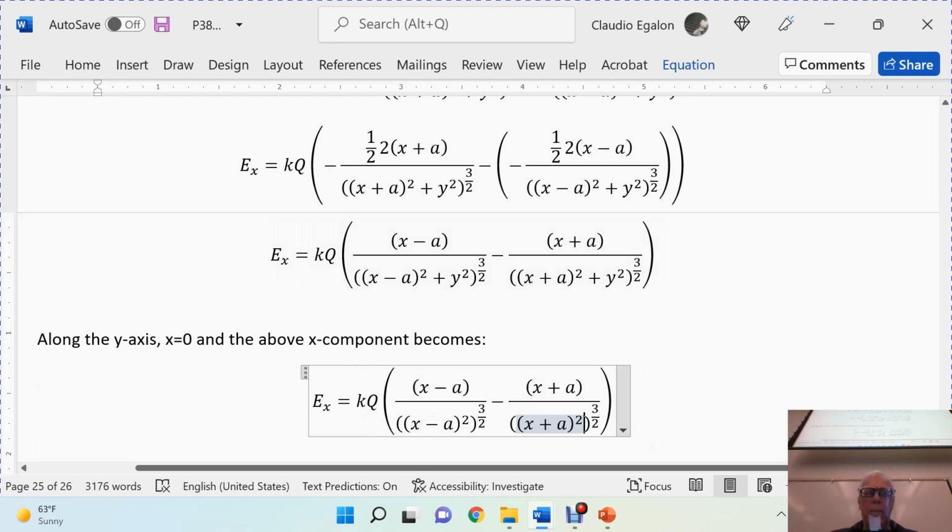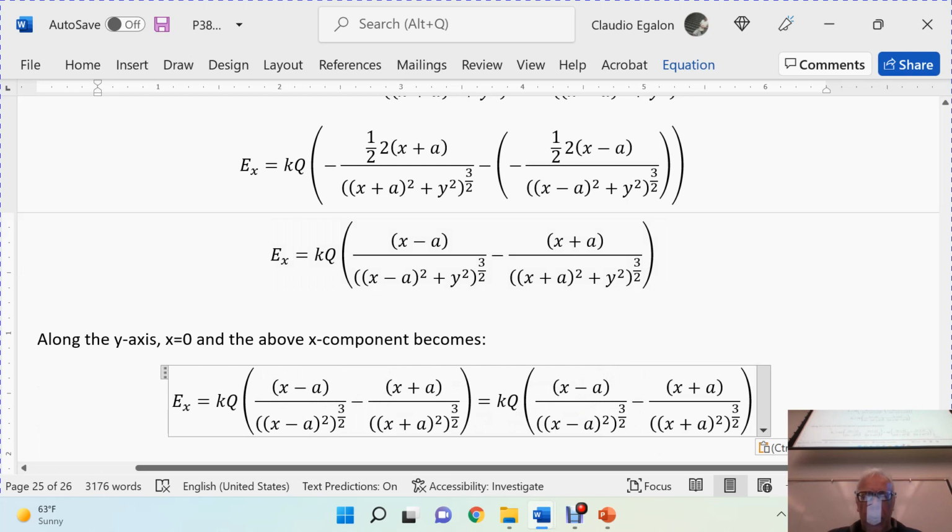Okay, and what else can we do? Okay, this half cancels out this other half, right? So we get third power.